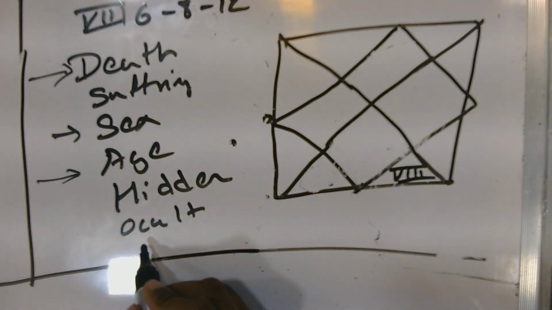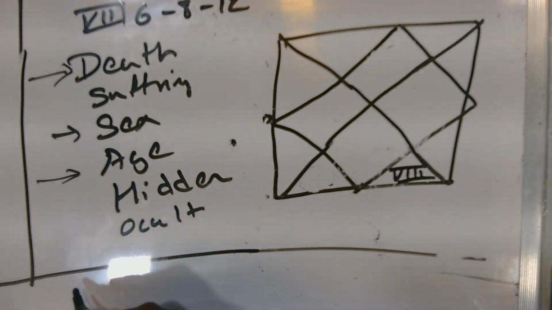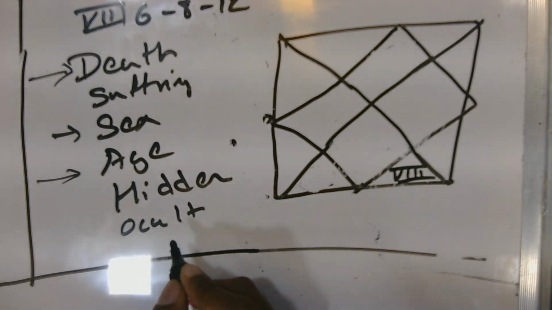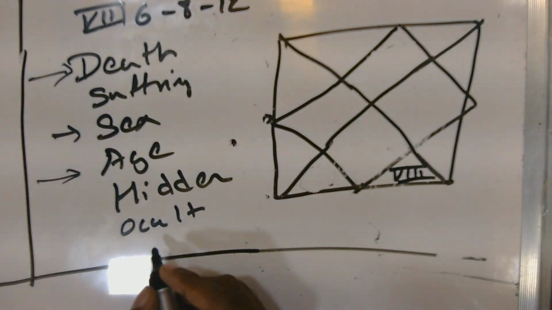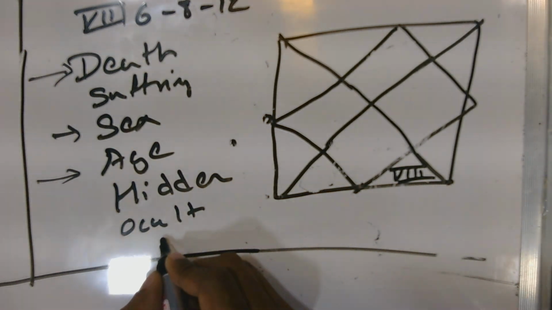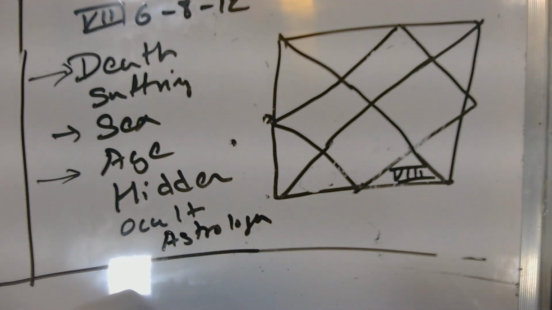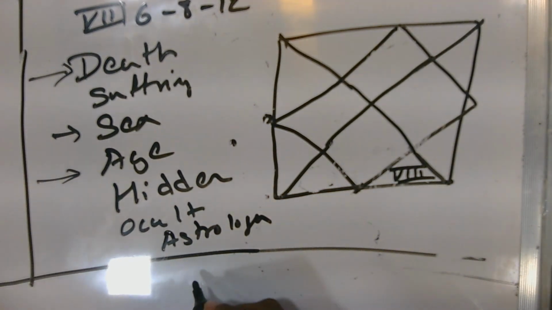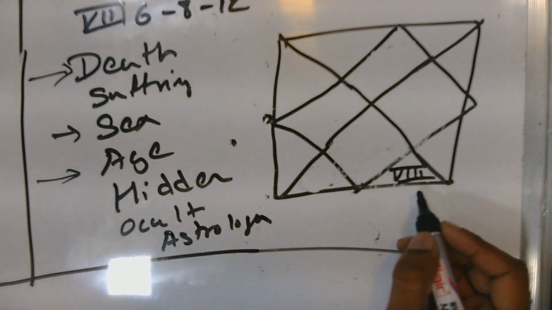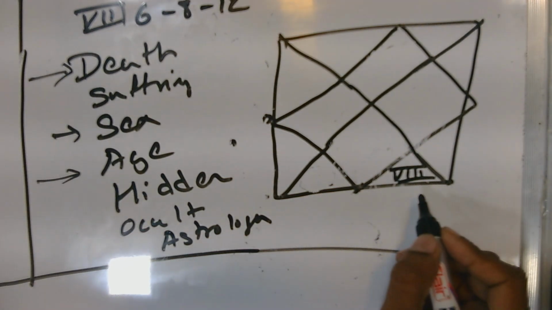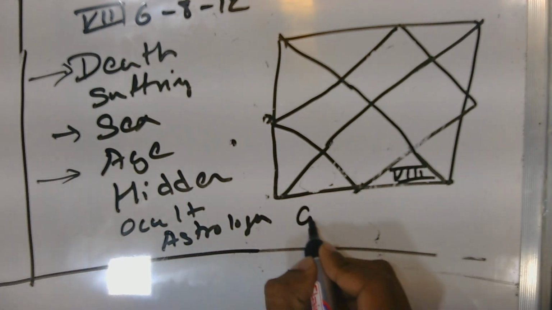Having a good placement in this house may make a person good in occult related things, like he may be a good astrologer. If you're having a good placement in this house, there is a chance that you may be into astrology and may be good at it. It may also make a person a good gambler.